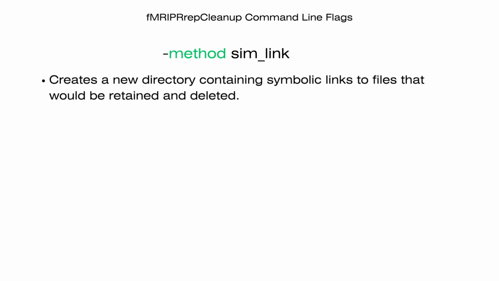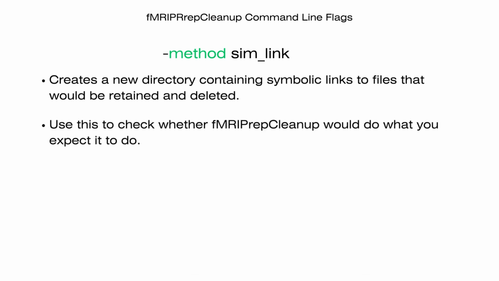This is a great way to check that the script is doing what you expect it to do to your data. You can use the retained folder to check that you're keeping everything you want to keep, and the deleted folder to check whether anything important outside of fMRIPrep would be deleted, given the directory you've provided. For instance, make sure this simulated deleted folder doesn't contain any first level analysis files. You can then delete files within this directory with more confidence.